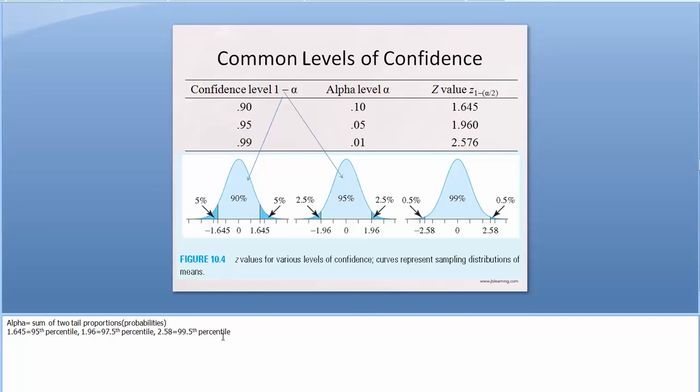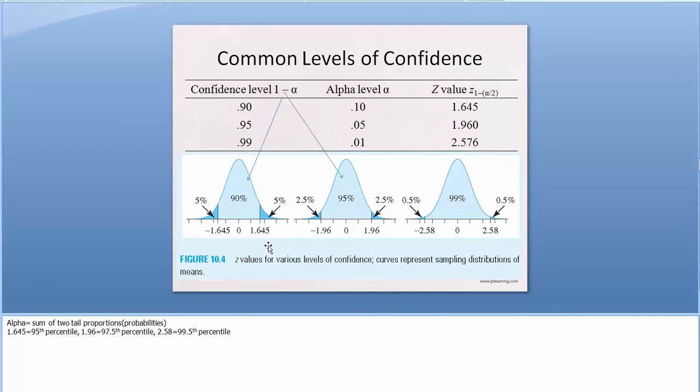Okay, so that's how you get the z values in the formulas: by looking up the bell curve when the left probability is this plus this. So please go over it a little bit more carefully, so that you are very comfortable with how to get that z value.